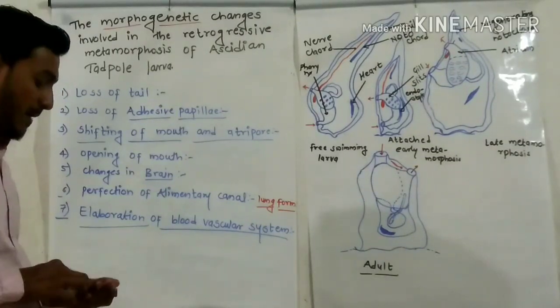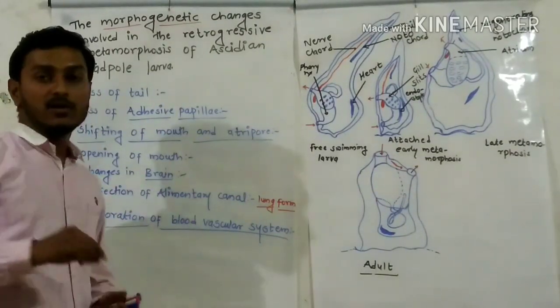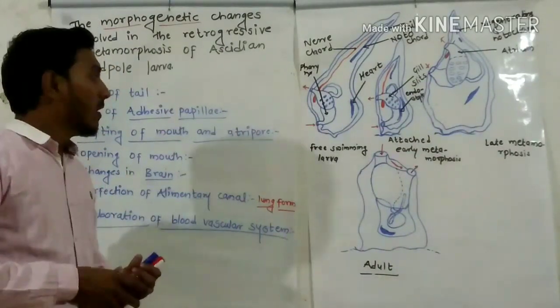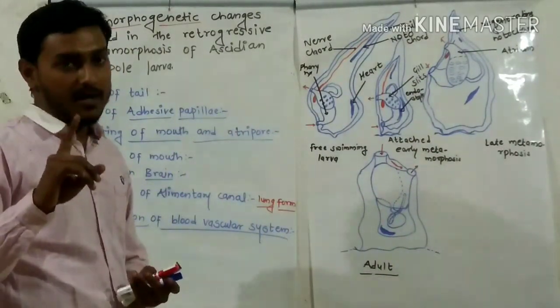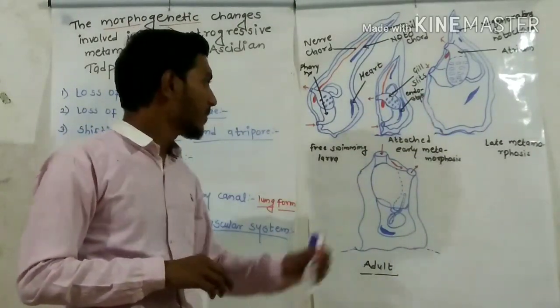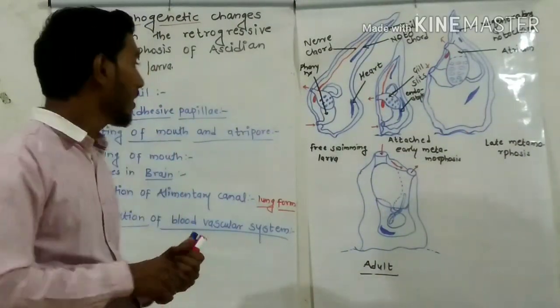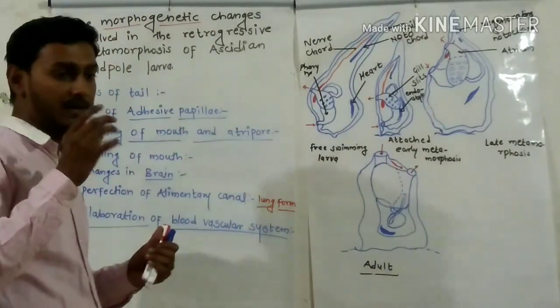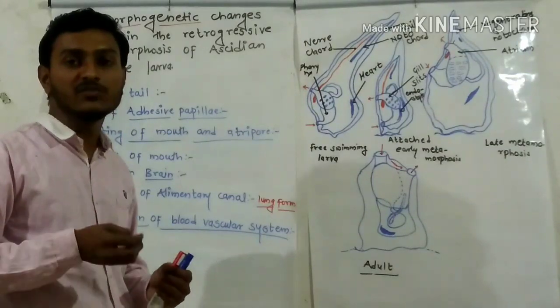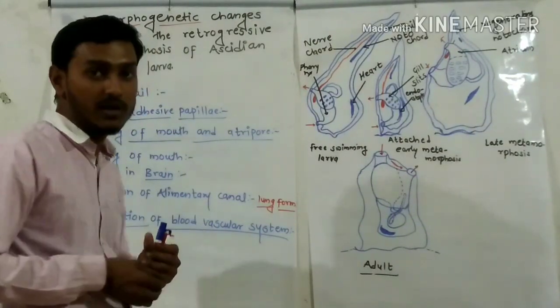In the elaboration part, what takes place is that the heart is formed, heart is completely formed. In the larva, it was not completely formed and just surrounded by the myocardium or the pericardium. Now this pericardium and the heart is formed and the sinuses join from the two sides and leads to formation of the blood vascular system.